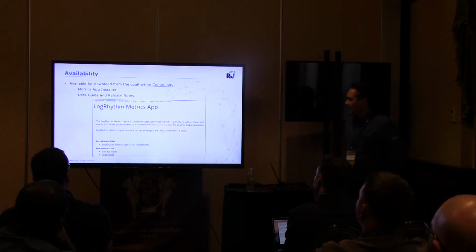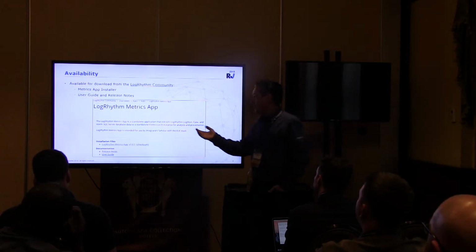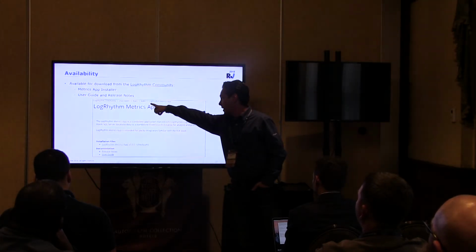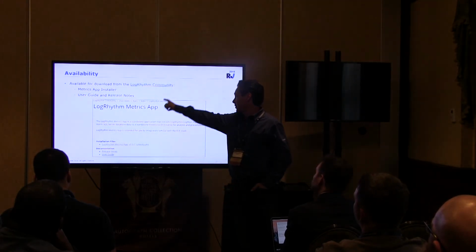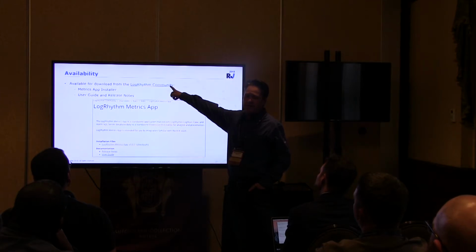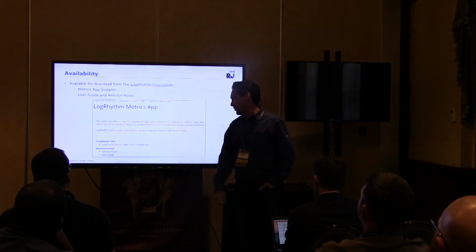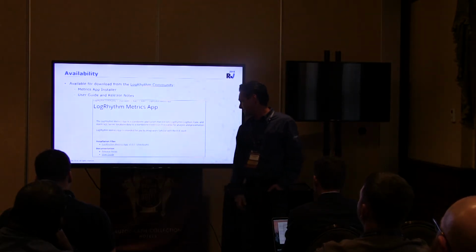So availability, as I mentioned, this is available now on the LogRhythm community. It's under shareable apps. This is a hot link. You'll get these slides from the community as well, and you can click on the link, or you can just search for the metrics app on the site.